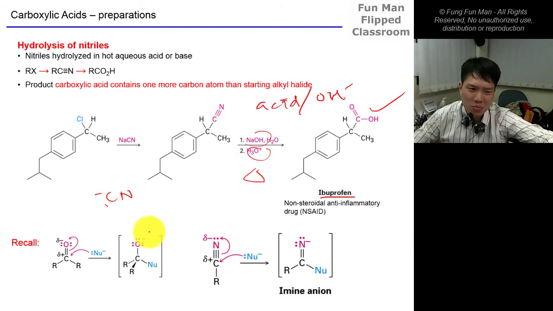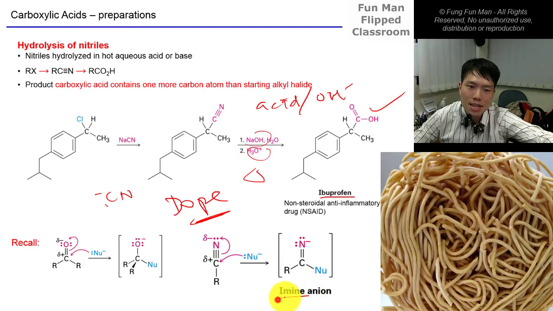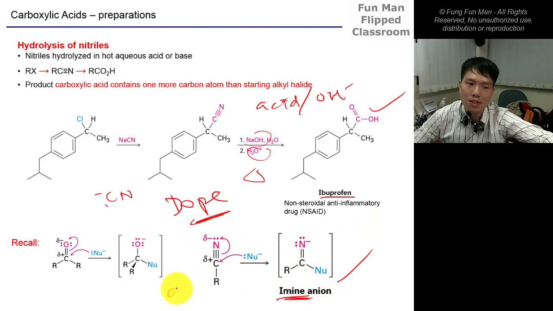Likewise, the C≡N triple bond is something like a C=O double bond. So the nucleophile attacks it and you get an imine anion, right? N negative. So you see this analogy?